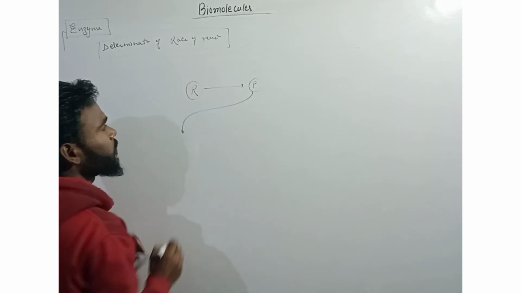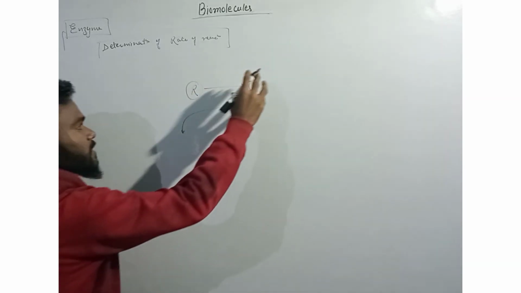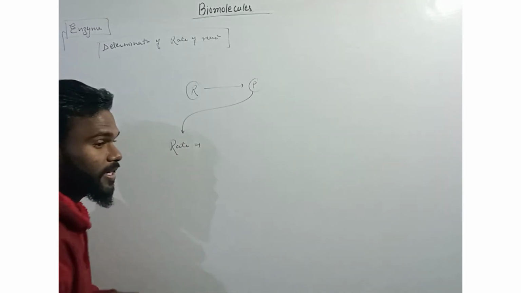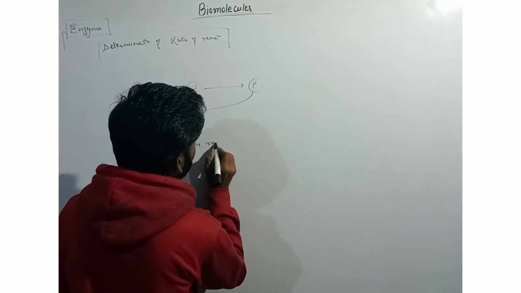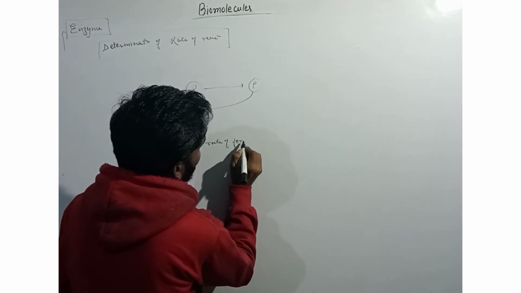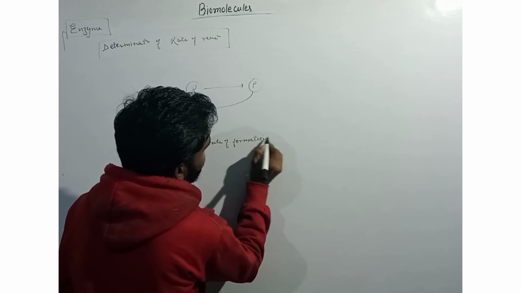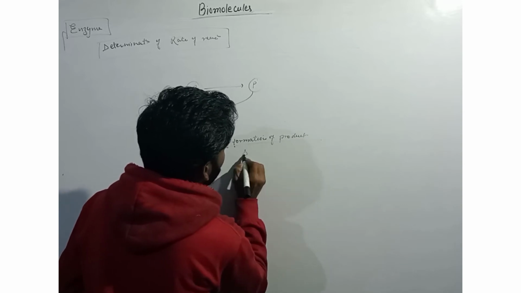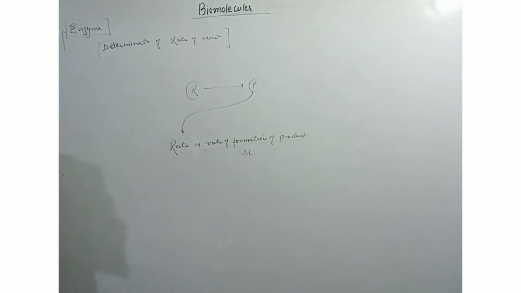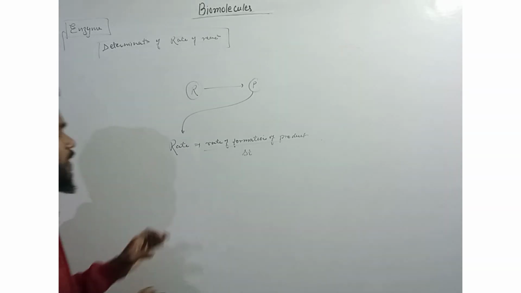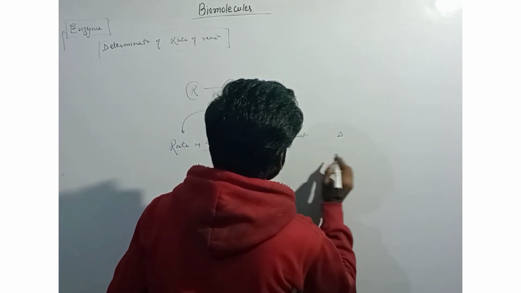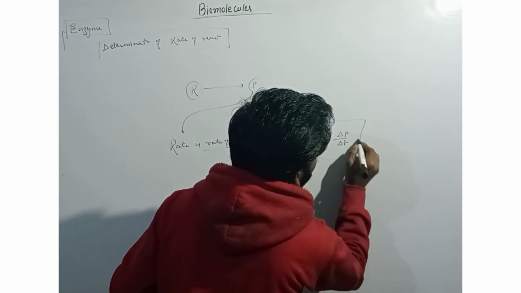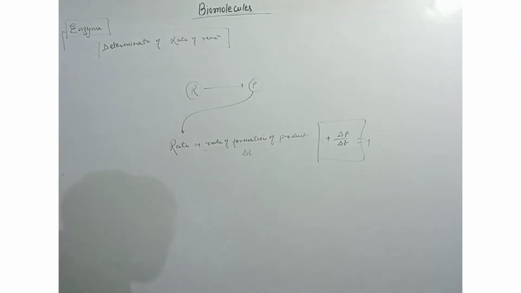With respect to the product, the rate is the rate of formation of product per unit time. When you simplify this, it becomes delta P by delta T, and it will always be positive. This is the formula.